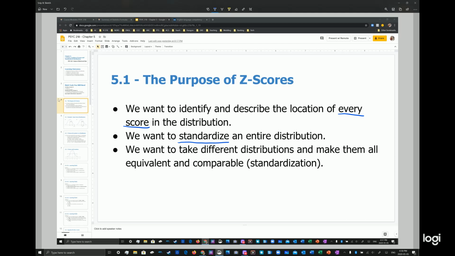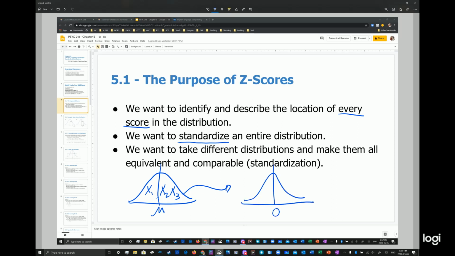So instead of a distribution of x's with a mean of some value in the middle, we're going to transform these scores into z-scores, where a score with the value of the mean is going to be 0 distances or 0 standard deviations away from the mean, and then we start measuring scores as standard deviations away from the mean.